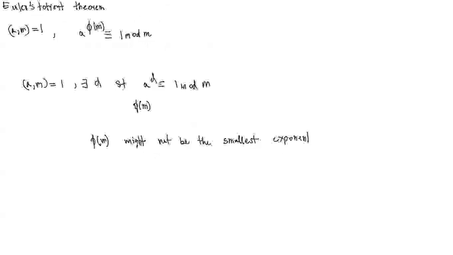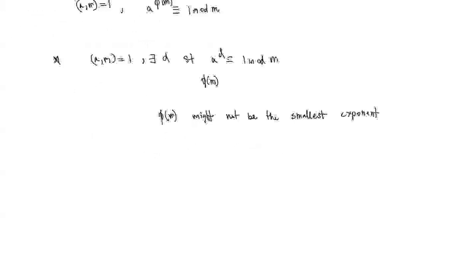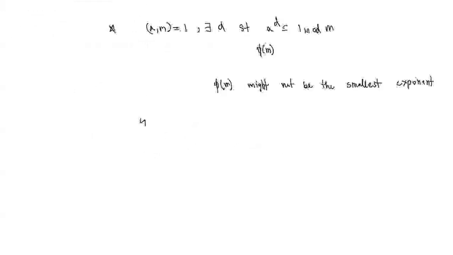For example, I know that by Fermat's little theorem, 4 to the power 12 is congruent to 1 mod 13. But so is 4 to the power 6.